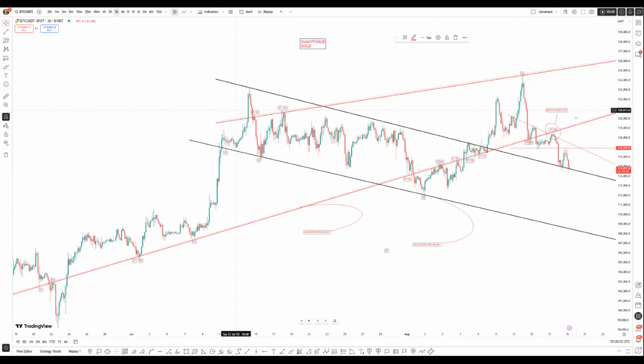Now from the downside, we have a descending trend line again, which I'll call DTL. We had here as ROS, resistance becomes support on breakout structure.